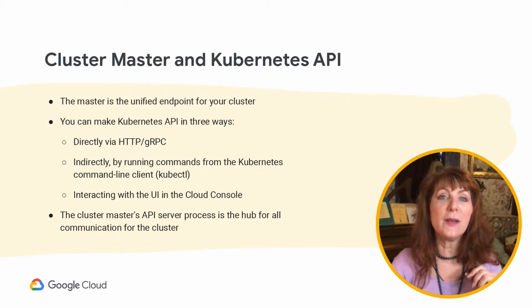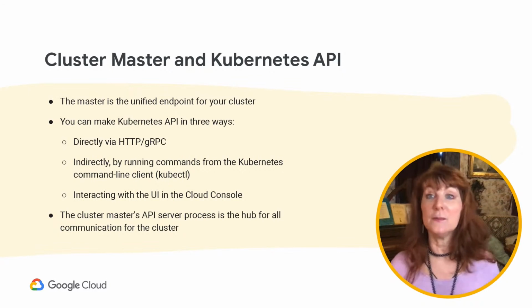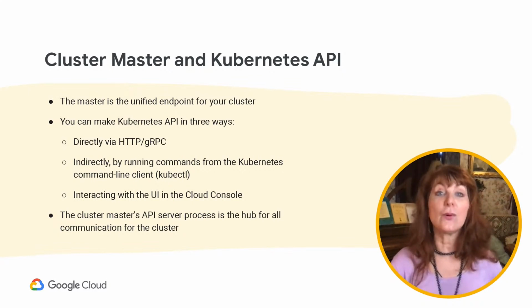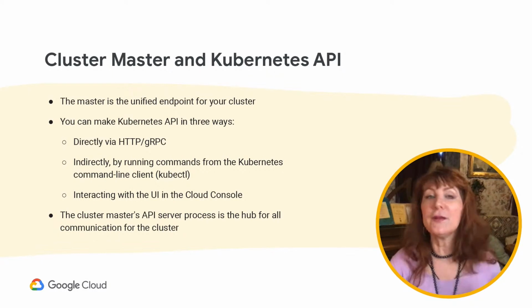The cluster's master API server process is the hub for all the communications for the cluster. All internal cluster processes, such as cluster nodes, system components, application controllers, etc., act as clients of the API server. The API server is the single source of truth, if you will, for the entire cluster.